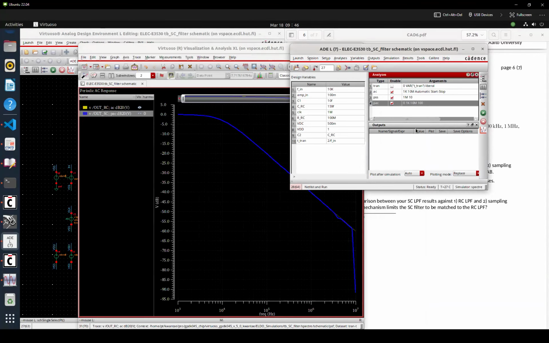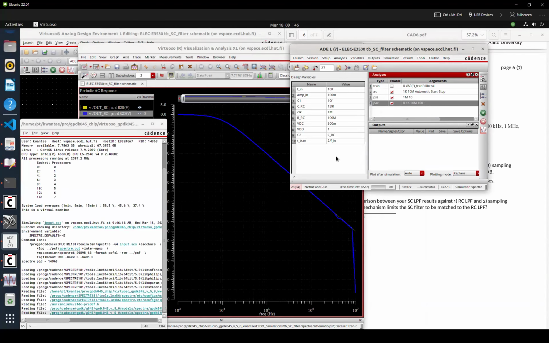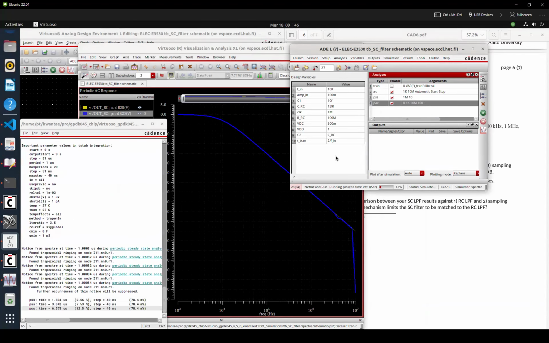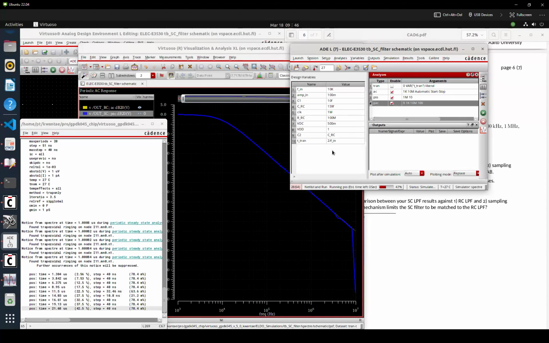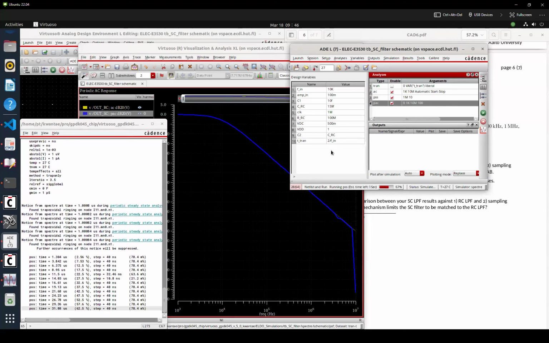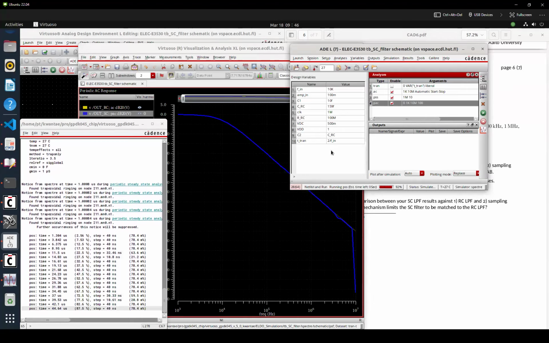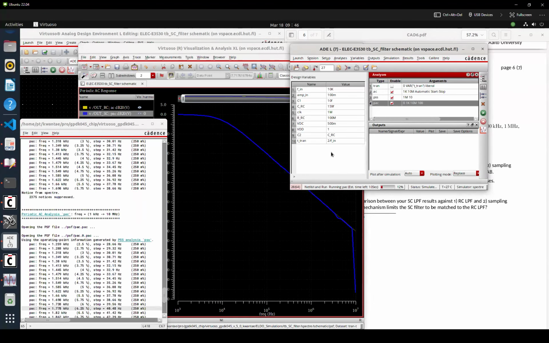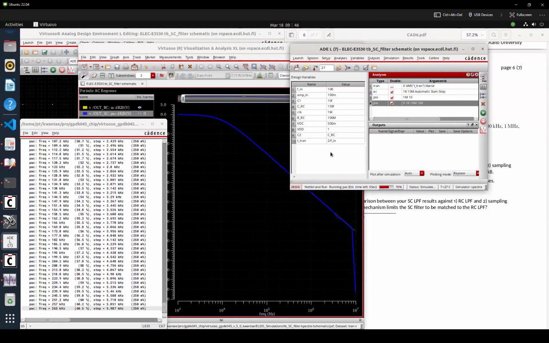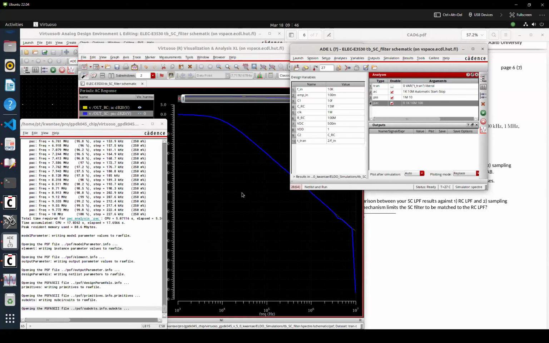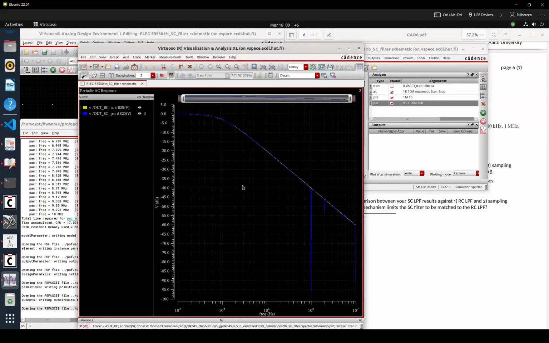Let's say 100 points. Okay, if you refresh it, you see that it shows the theoretical expectation of sample and hold. Of course, if you run more data points, then you can collect more of this.